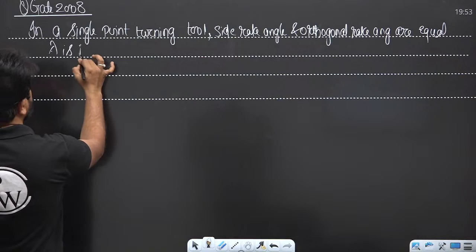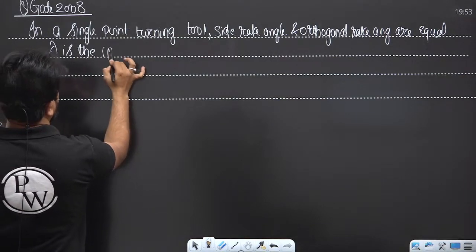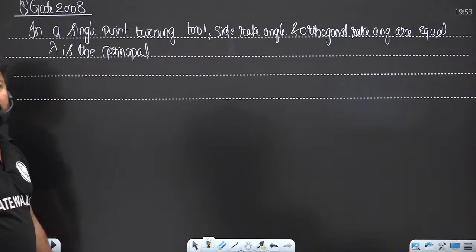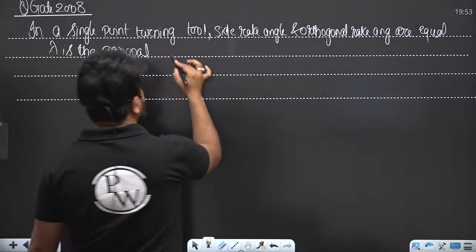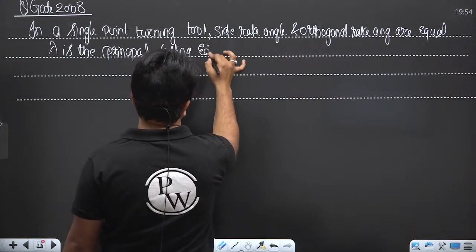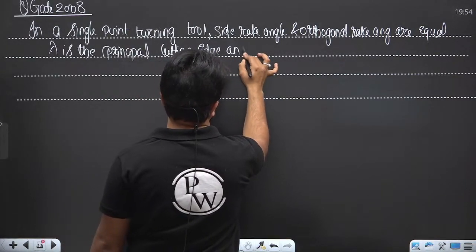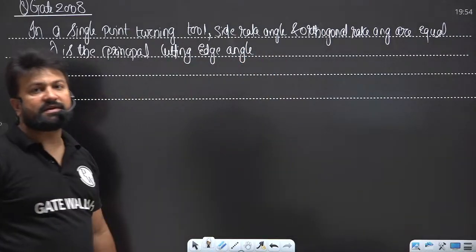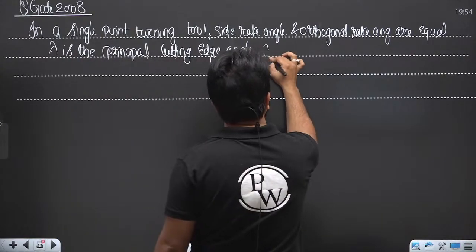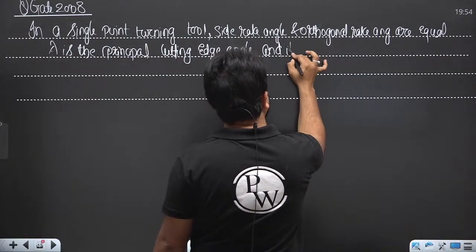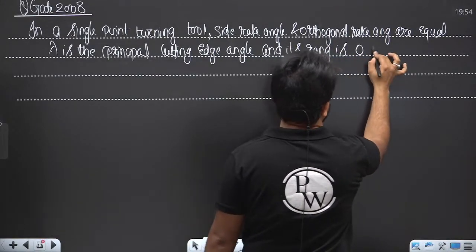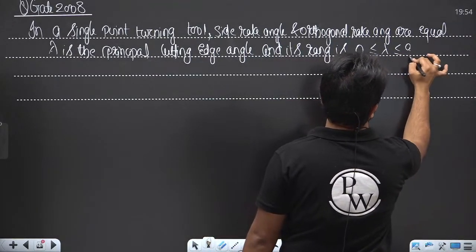Lambda is the principal cutting edge angle, and its range is 0 to 90 degrees.